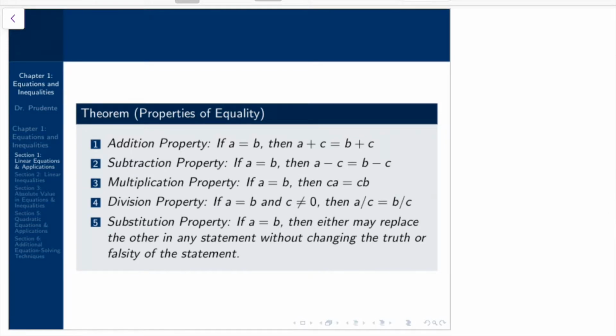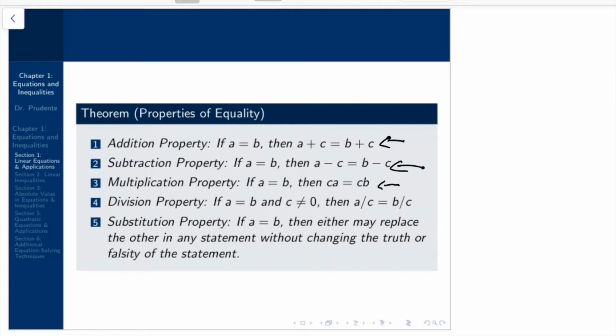And so when we talk about how to solve these linear equations, we get the normal things, right? This first property, the addition property, just says we're allowed to add anything to both sides, right? The subtraction property says we're allowed to subtract anything from both sides, right?